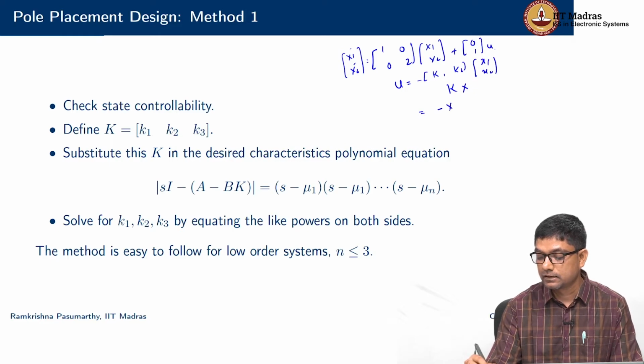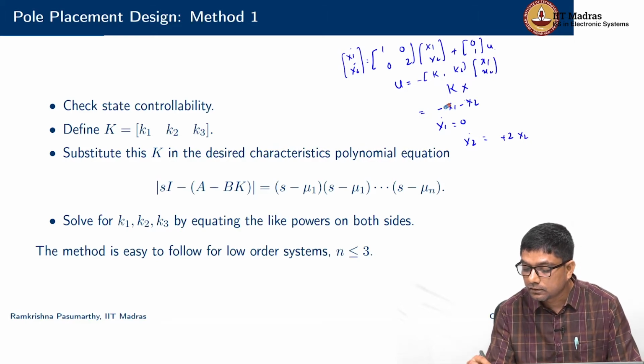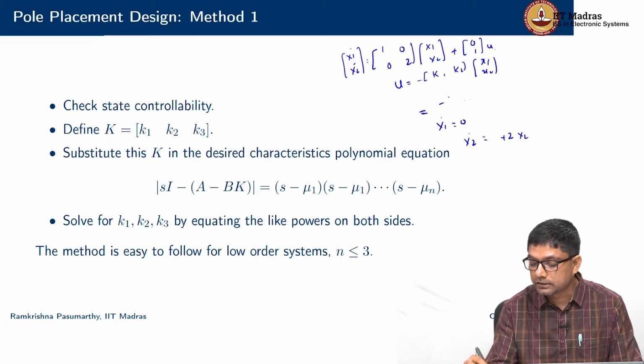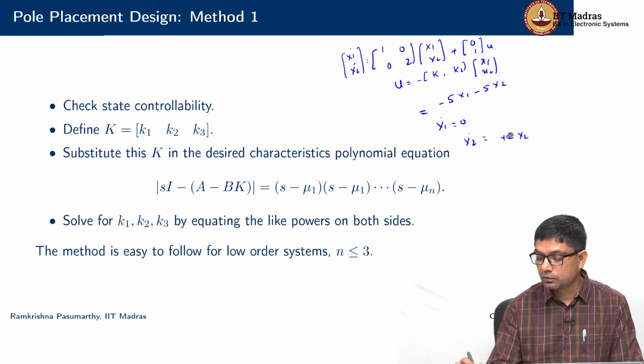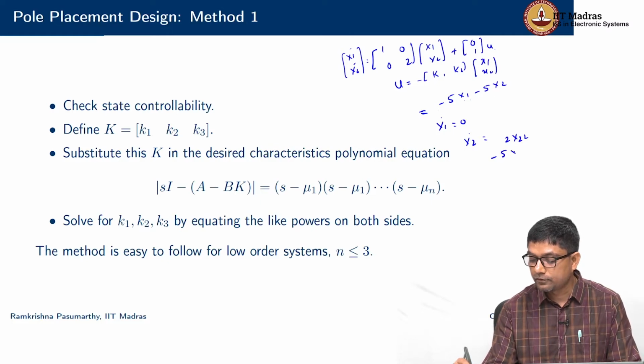So, u equals minus x1 minus x2, x1 dot still remains the same, and x2 dot becomes 2 x2 minus 5 x1 minus 5 x2, that is minus 5 x1 minus 3 x2.